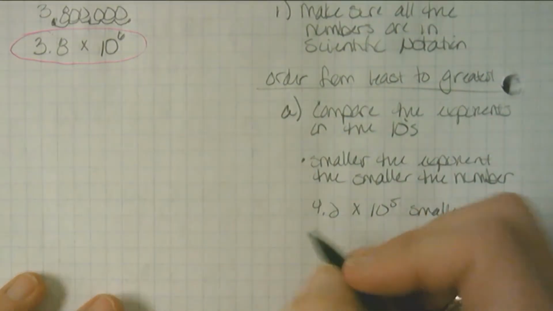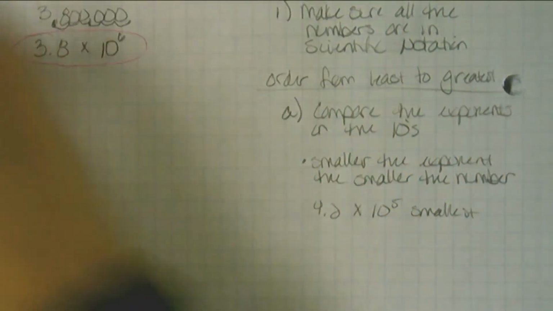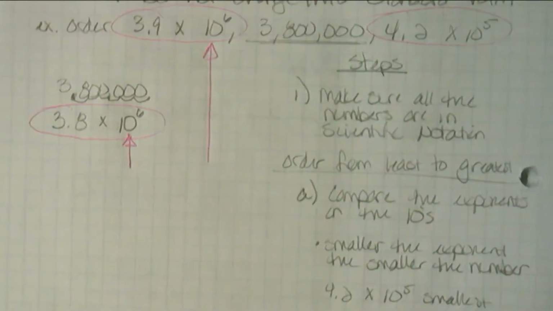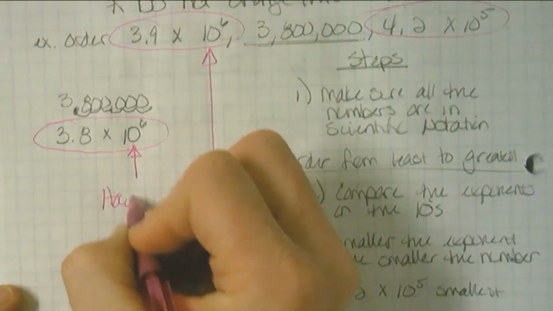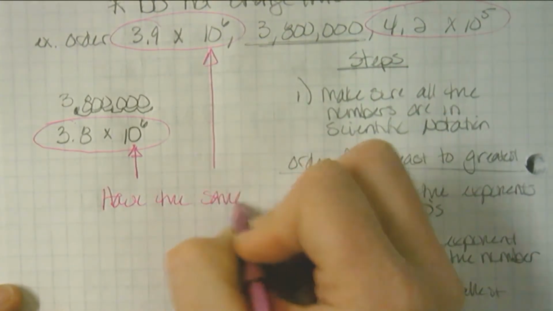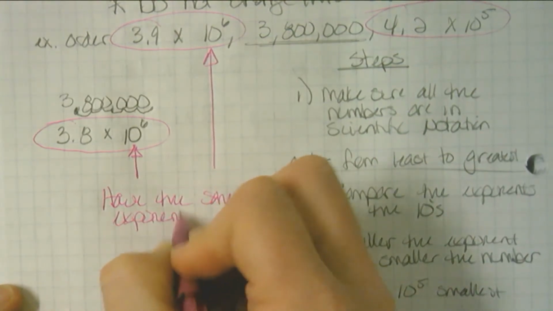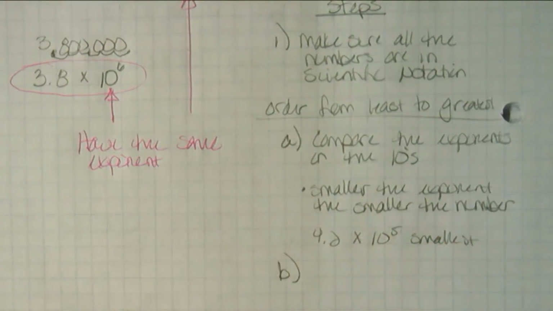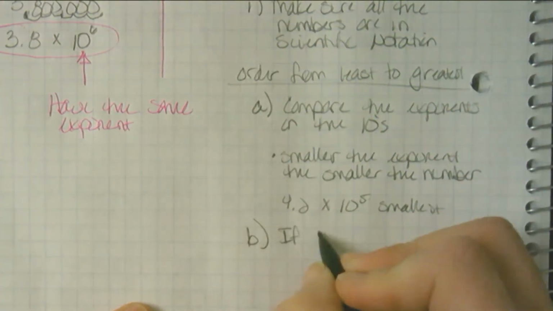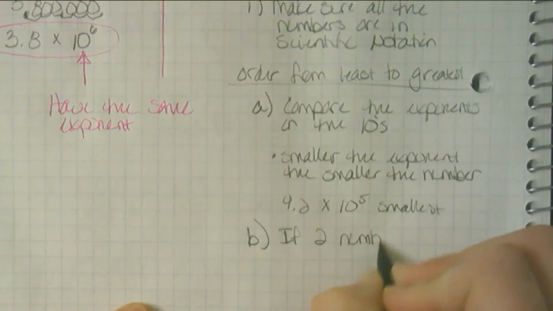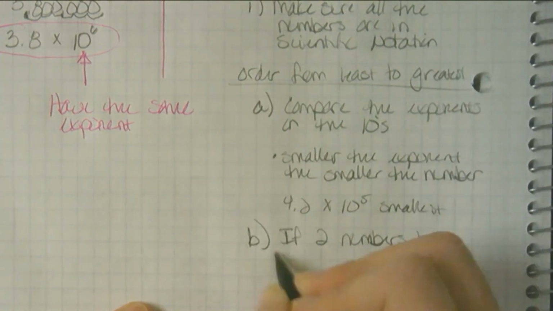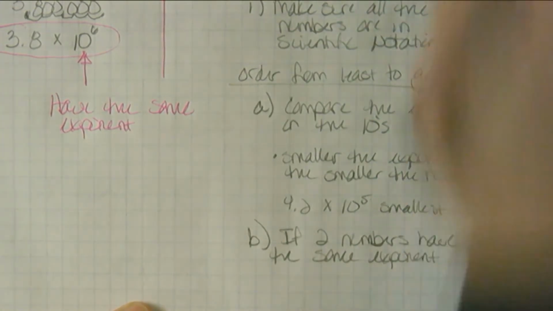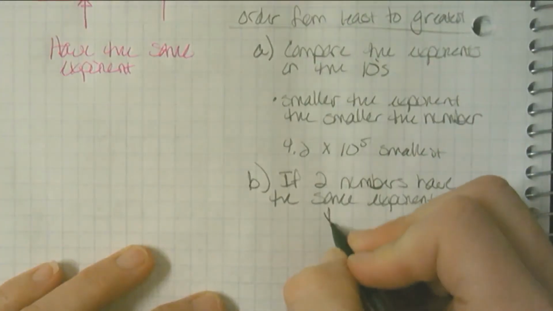All right. The other thing that we notice are these two right here have the same exponent. All right, so part B. If two numbers have the same exponent, this is when we compare first factors.